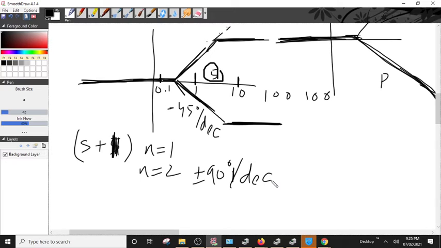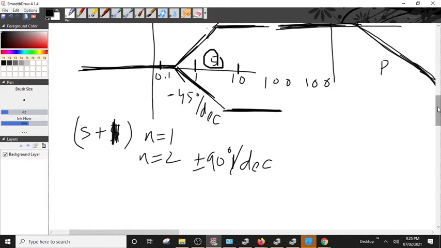And the same concept applies to the s square plus term, the quadratic term, because we know how to calculate the break frequency for the quadratic term. So we will calculate the break frequency exactly the same way that I explained in the previous lecture. You can watch that video again if you don't know how to find the break frequency.